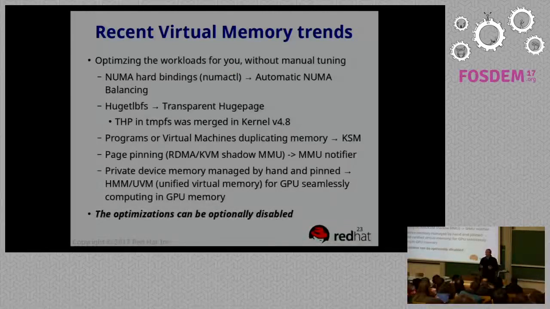Because, for example, automatic NUMA balancing is very good at automatically converging every workload in a different NUMA node. So, I don't know, you're running a database on one side, a virtual machine on the other side. Automatic NUMA balancing will detect the workload and move the stuff in each node separately.